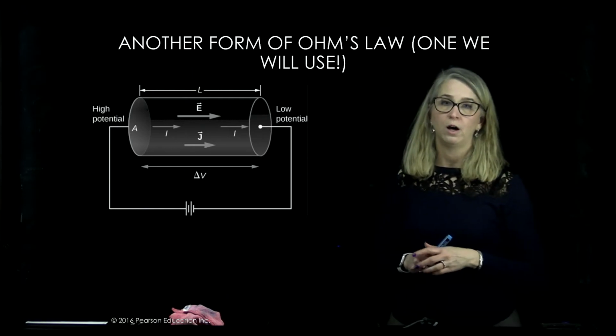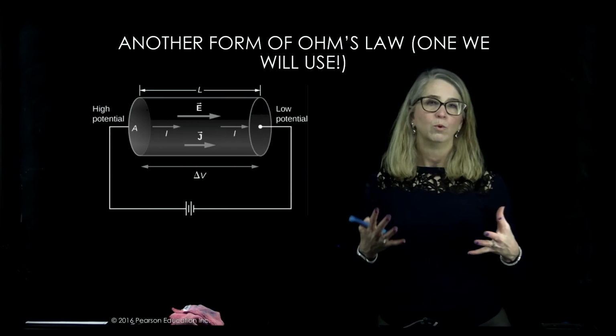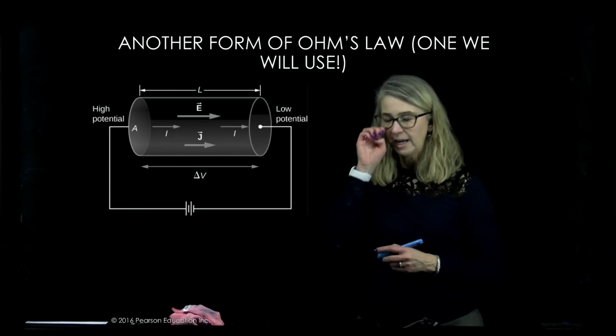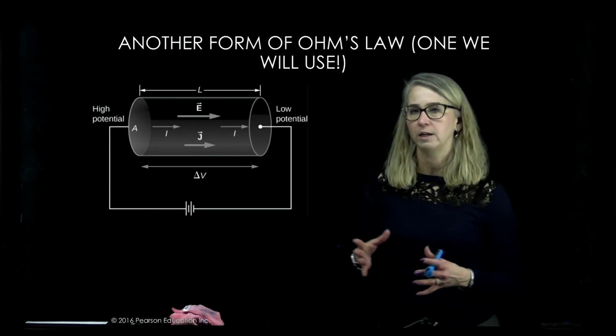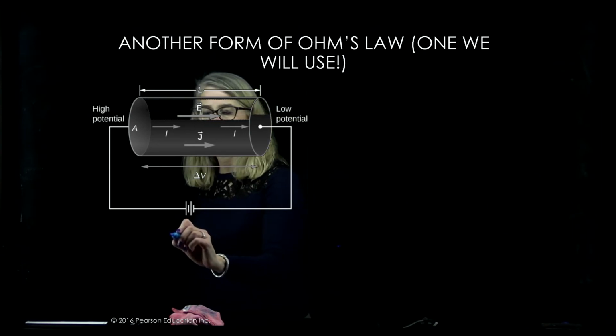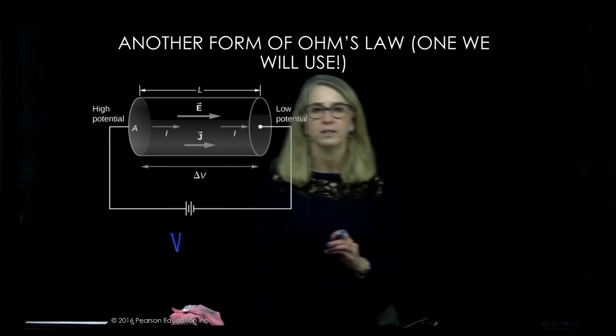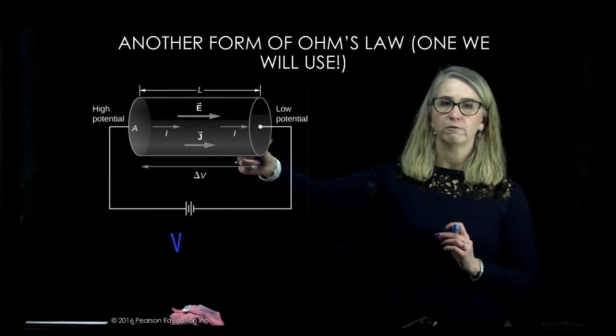Now let's write Ohm's law in a way that's going to be more useful for us. This is the setup that's going to allow us to get there. We have a battery that has some potential difference that it's going to be providing, and we attach it to a length of wire.